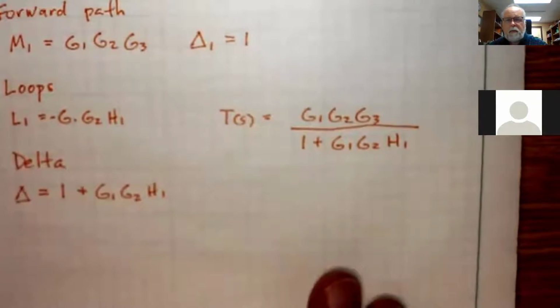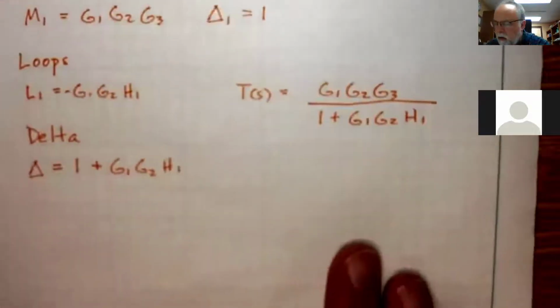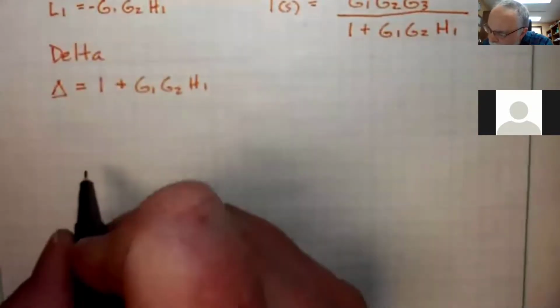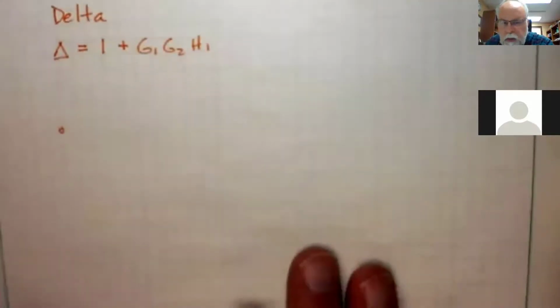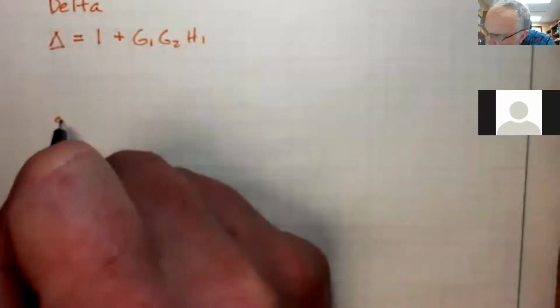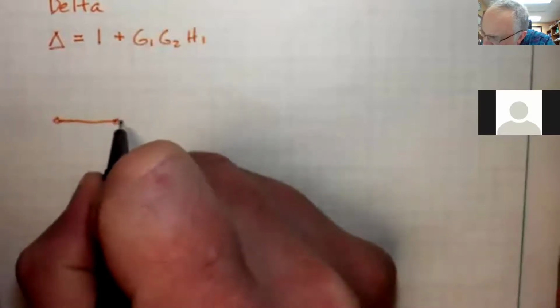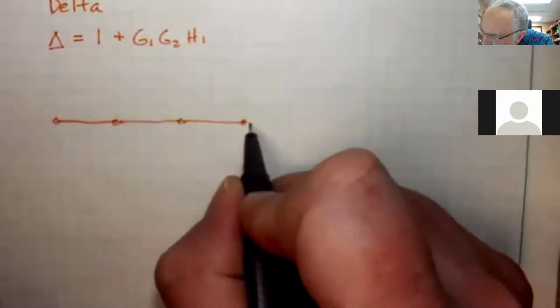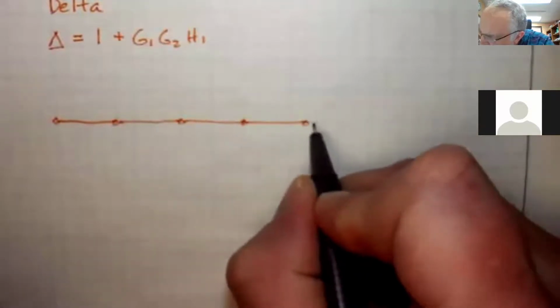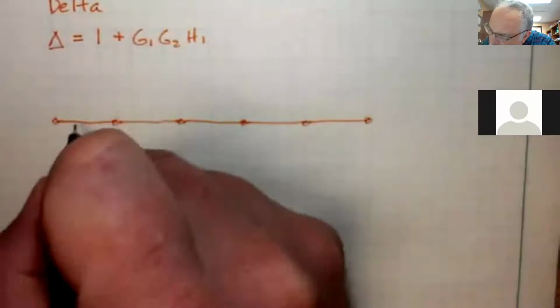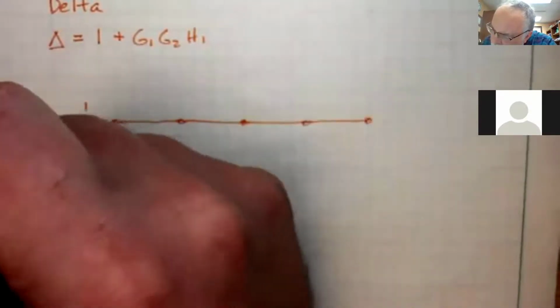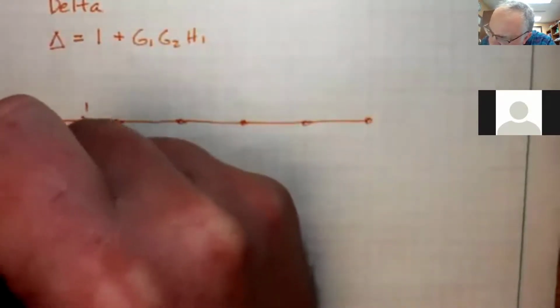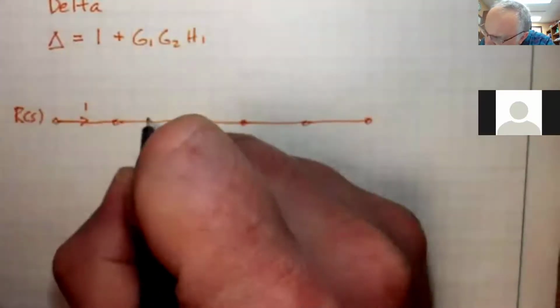Okay, let's do another example. 2 loops and neither loop touching each other. I'll make this 1. Again, this is going to be our source.